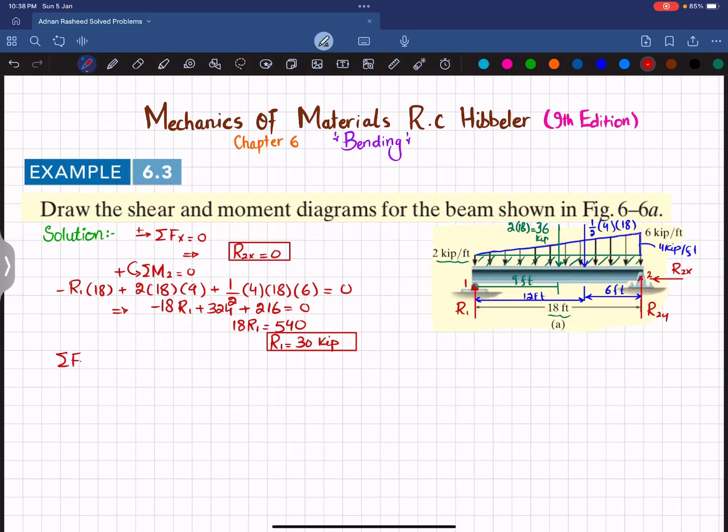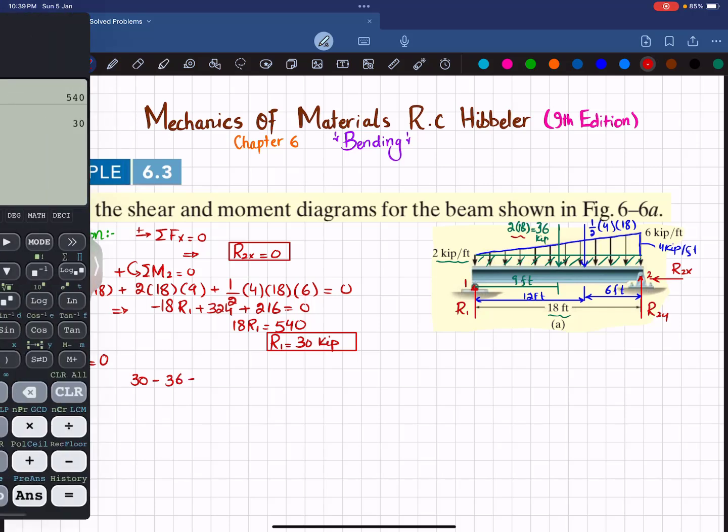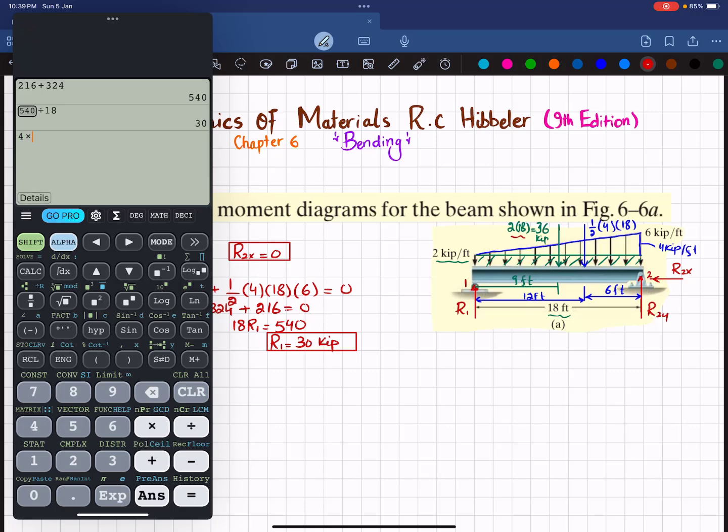sum of all forces along y direction must be equal to 0 and upward force is taken as positive. So you can see R1, which is plus 30, minus this 36, minus this 4 multiplied by 18 divided by 2, which is 36.